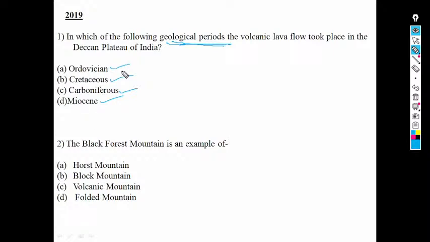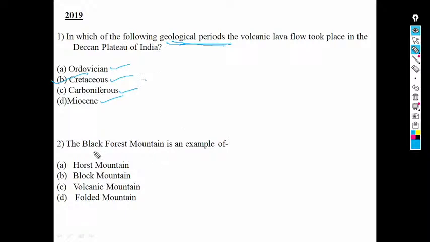Here your answer is Cretaceous. We'll discuss all these questions simultaneously, that means after 2 consecutive questions we'll discuss the answer. So the answer is B. Explanation we'll discuss.